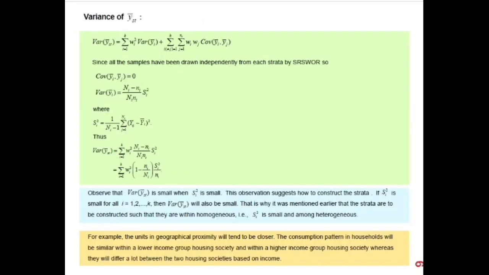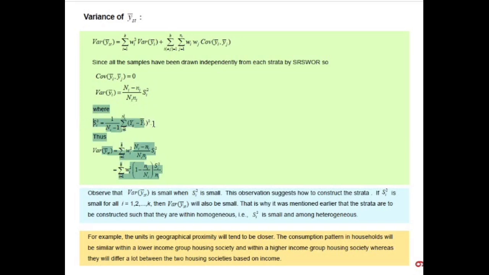Similarly, for variance, you should see the variance of y bar of ST. ST in a sense means stratified random sampling. Since the covariance of y bar of i and y bar of j is equal to 0, the variance of y bar of i is equal to capital N minus small n divided by ni into ni of Si square, where Si square is the sample mean square.